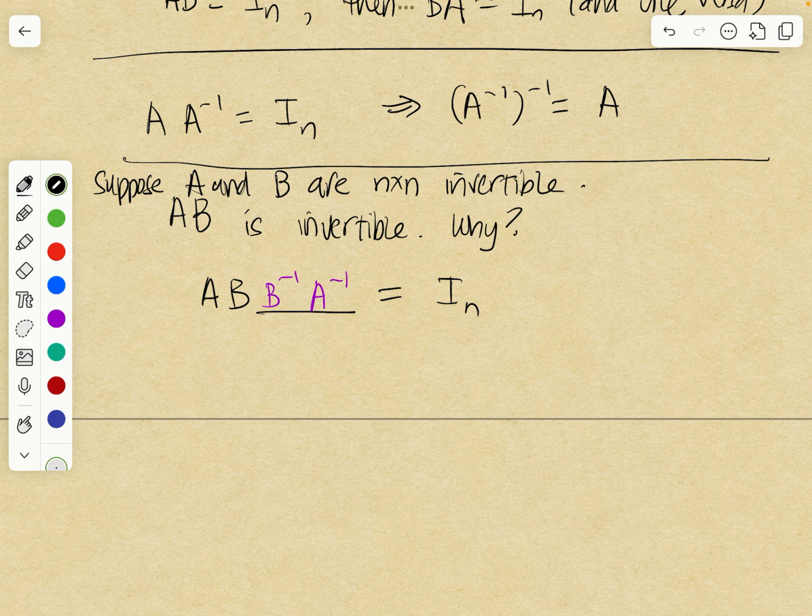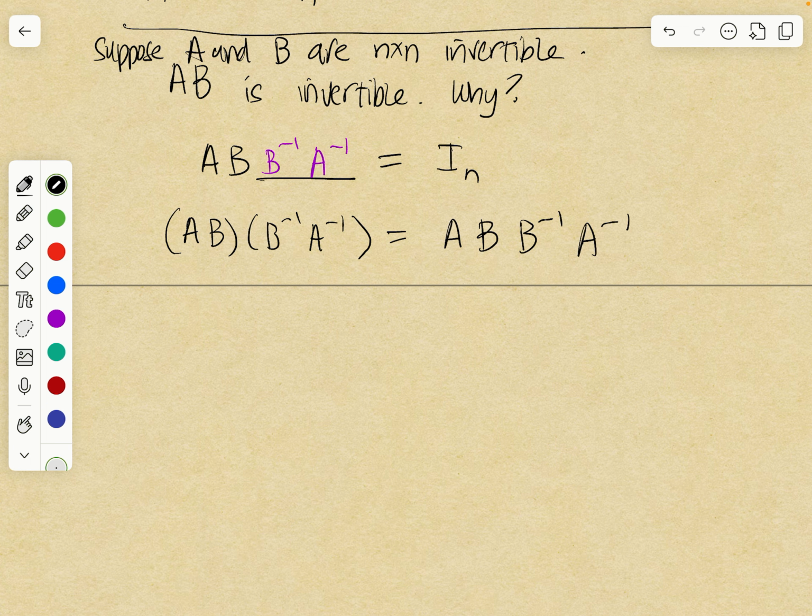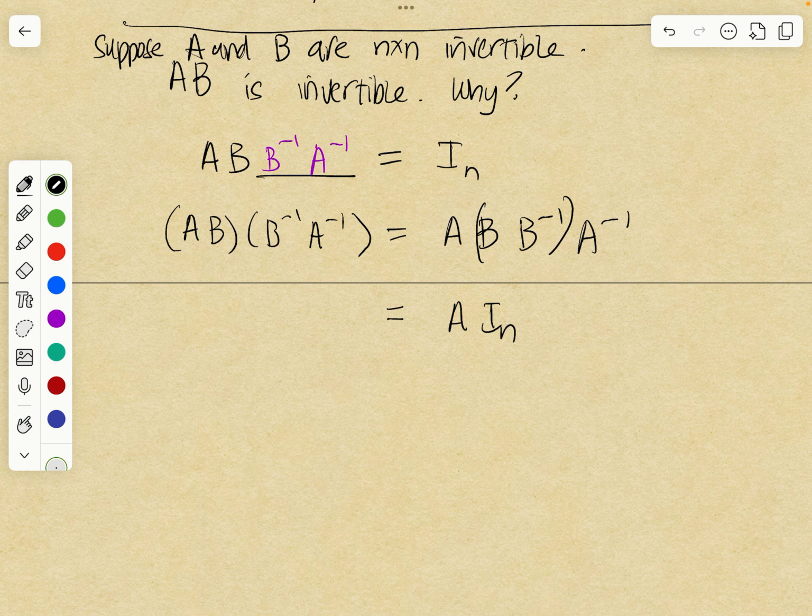Okay, let's check why. If I do A times B inverse A inverse, remember matrix multiplication is associative, so I can just get rid of the parentheses. It doesn't matter which order I multiply them from left to right. And I have a B times B inverse here. Now B times B inverse, by definition, is the n by n identity matrix. So now I have A times the identity matrix times A inverse.